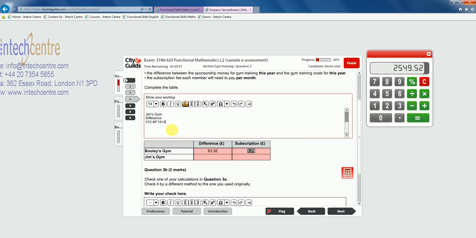So that's 2549.52. And now we're going to take this away from the sponsorship money that is available this year, which is minus 2316.08. This gives us 233.44.